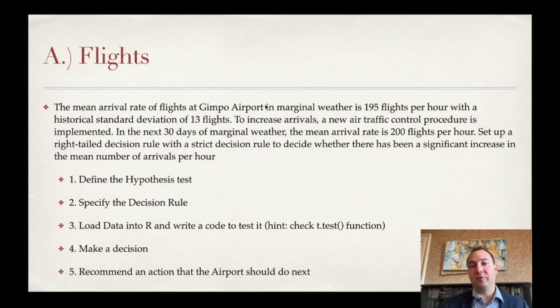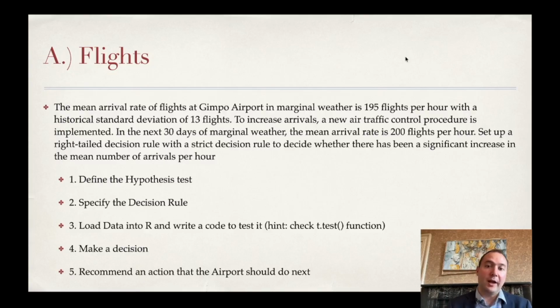The mean arrival rate of flights at Gimpo Airport in marginal weather, when the weather's not that good, is 195 flights per hour with a historical standard deviation of 13 flights. In other words, this is not a real example, but Gimpo Airport could look at their records and calculate that there's maybe 195 flights per hour on average and a deviation of 13 flights per hour.